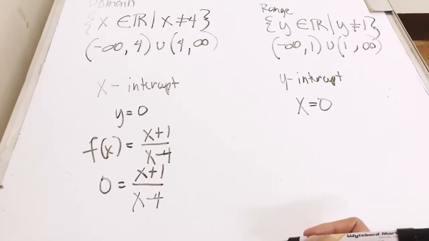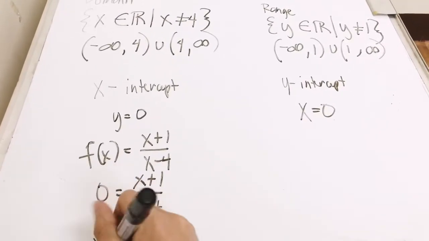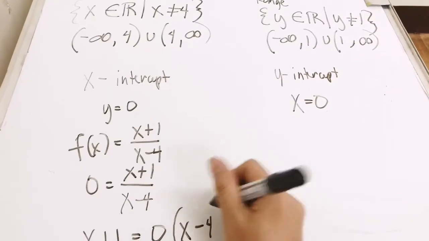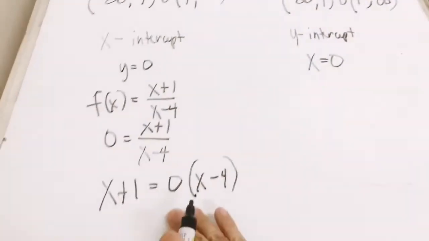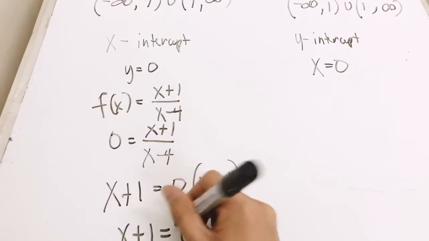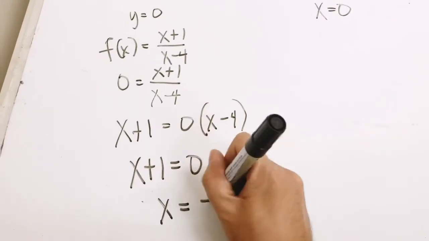Then, all we need to do is cross multiply. So we have x plus 1 is equal to 0 times x minus 4. Multiply, this is 0. So we have x plus 1 is equal to 0. x is equal to negative 1.